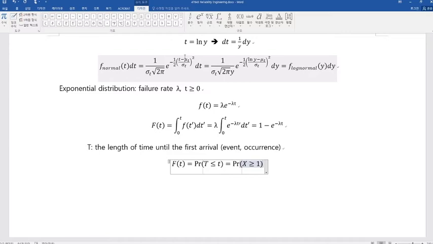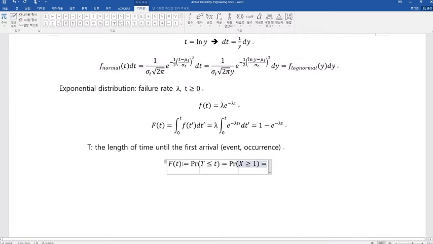We do not say there is only one event, but it can be said that during the time t, more than one event occurred, equal to or greater than one event occurred. So if we calculate this probability, that will be the same as F(t), the cumulative distribution function of exponential distribution, so the cumulative distribution function for constant failure rate or event rate.